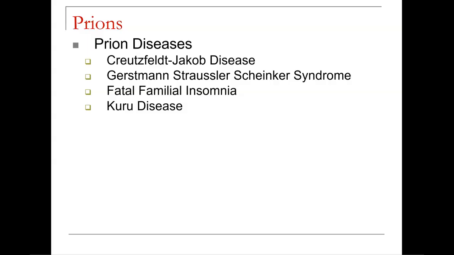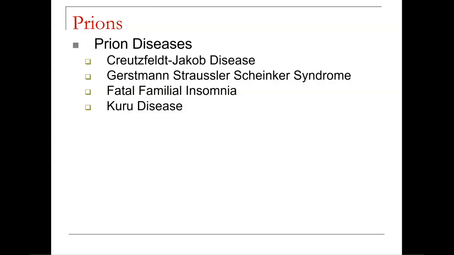Next, we have Gerstmann-Sträussler-Scheinker syndrome. That's a mouthful, GSS syndrome. That's a rare inherited neurodegenerative disease characterized by progressive neurological decline and ultimately death. It's caused by a mutation in the PRNP gene, which codes for the prion protein PRP, like we just talked about, and makes it misfold.